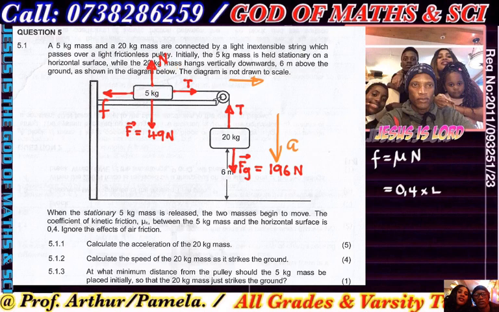So 0.4 times 49 gives us the frictional force, which is 19.6 newtons. So we have a force here of 19.6 newtons. All right, everything is well here.